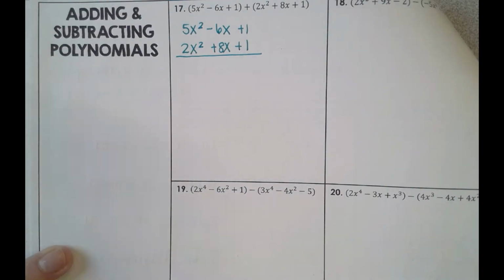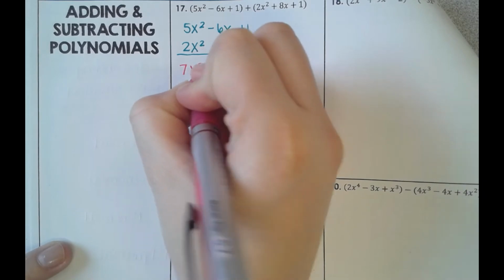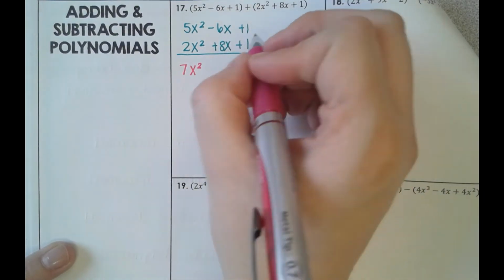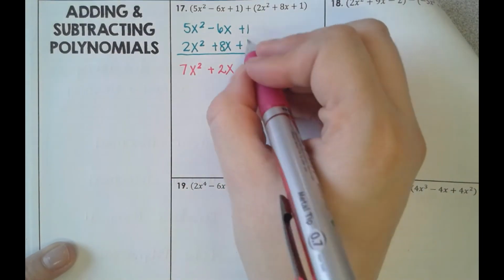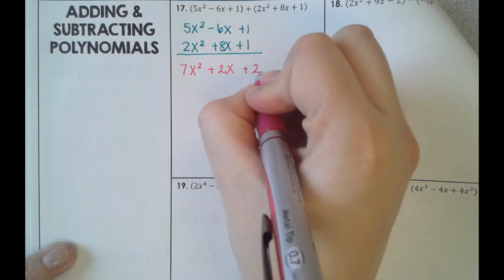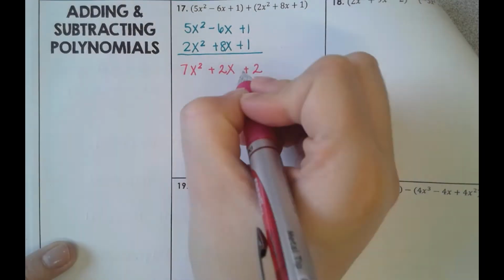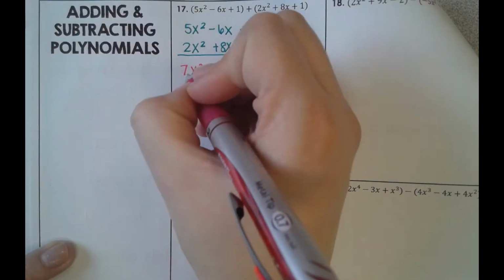So then when we add, 5 and 2 make 7x squared. Negative 6 and 8 is a positive 2x. And then 1 and 1 is plus 2. And this is in the correct order. The exponents go largest to smallest. So we're done.